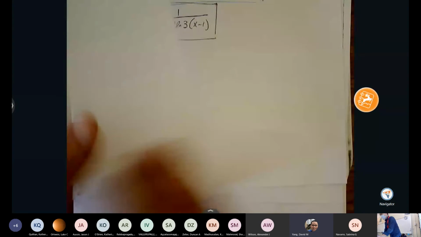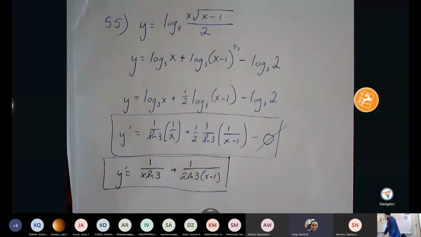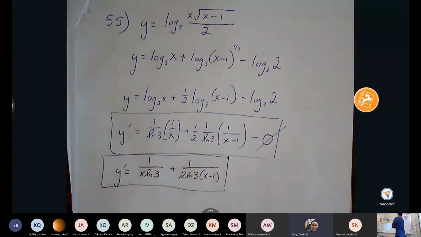Here's 55. Okay, again, expand as much as I can. I have 3 parts that I'm looking at. The numerator, I can think of it as product property.